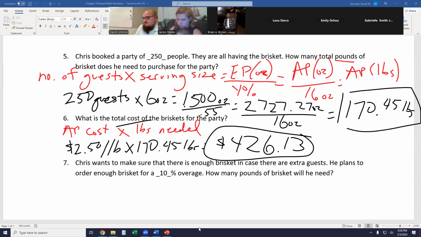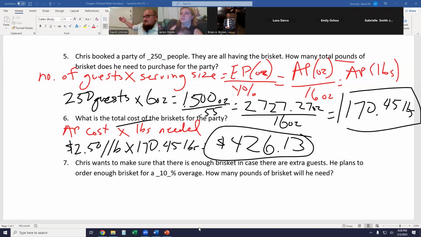Okay. You might think, holy cow, $426, that's a lot of money. But if we multiply 250 times the $16.95 that I'm going to sell that for, that's $4,237. So that's the sales I should bring in for those 250 people.